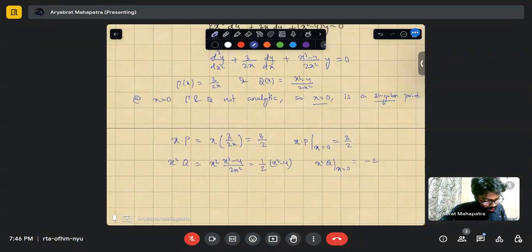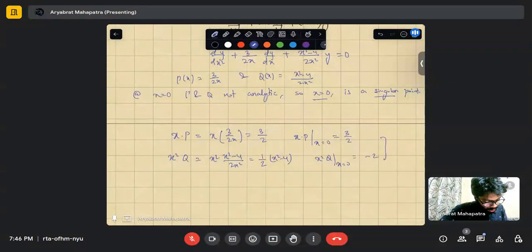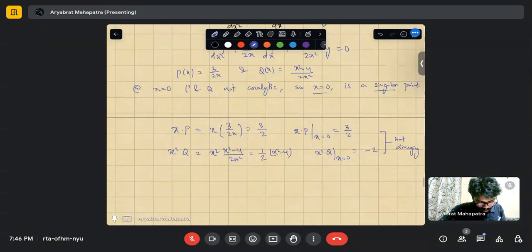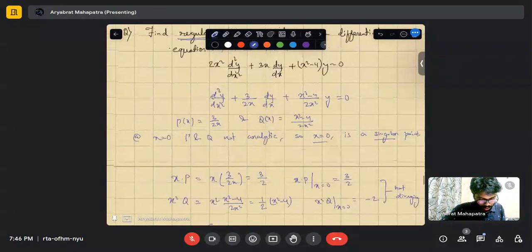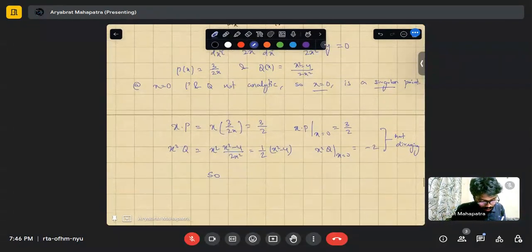So they are not diverging, so x equals 0 is a regular singular point.